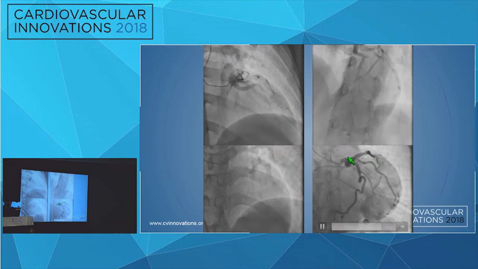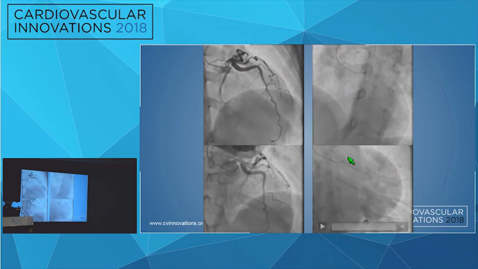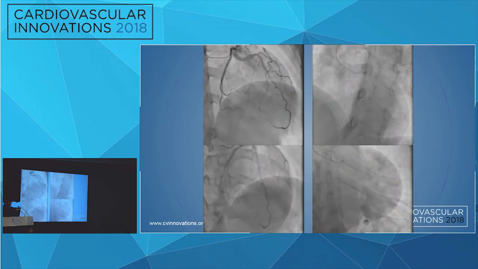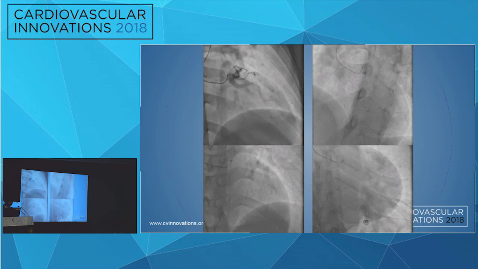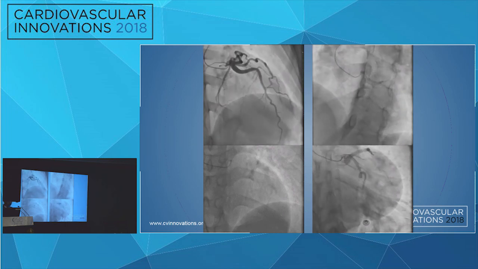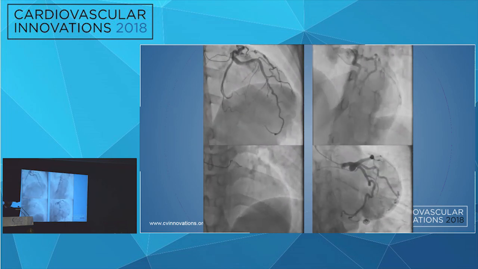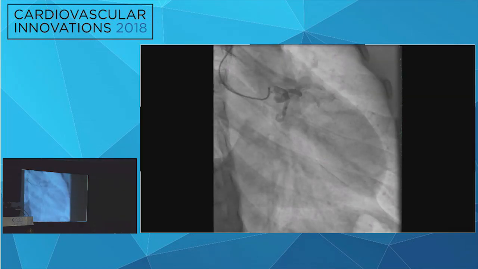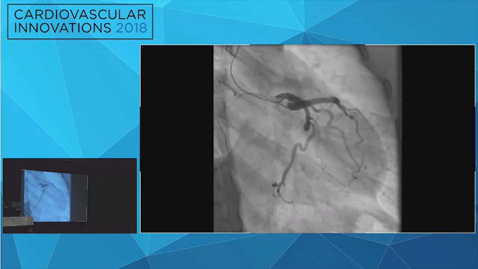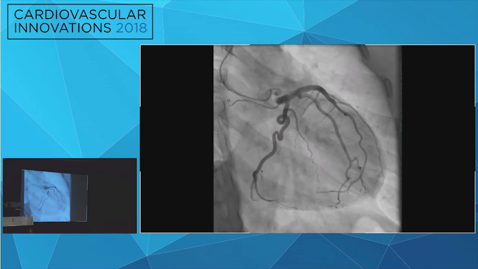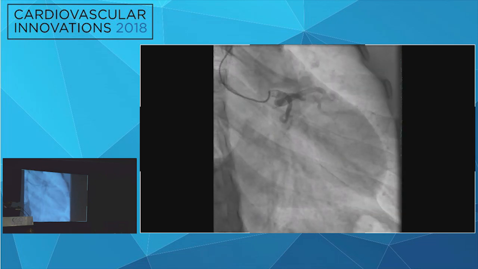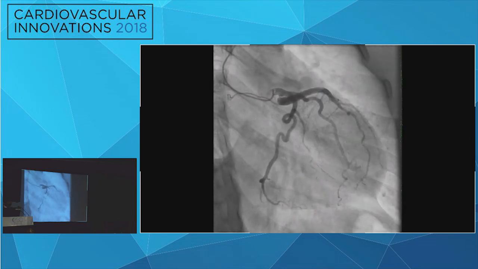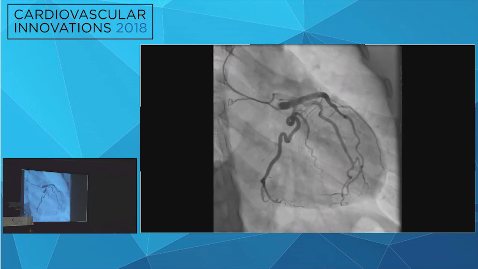In this view it is really diving down and then up in this RAO caudal. If you're really concerned about the clinical scenario, just like any other case, you take more views. In this view, which is RAO caudal but a steeper RAO, there is this ostial lesion, or whatever it is, something suspicious in the ostial LAD.